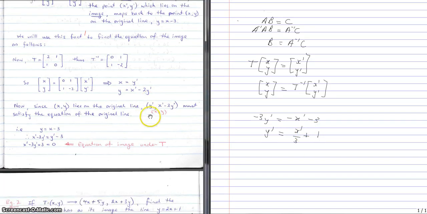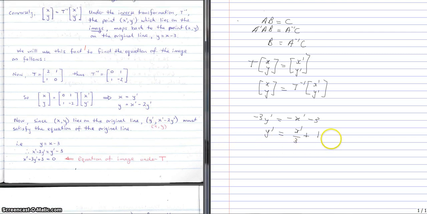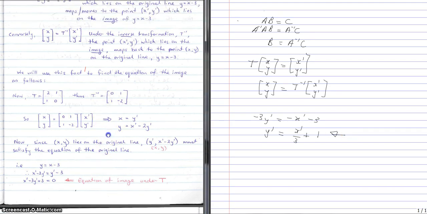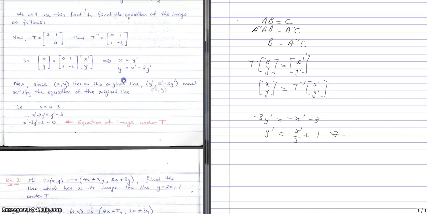So that is the equation of the image under the transformation T. Alright, so I'm just going to leave it at that, and for the next video we'll look at another example.